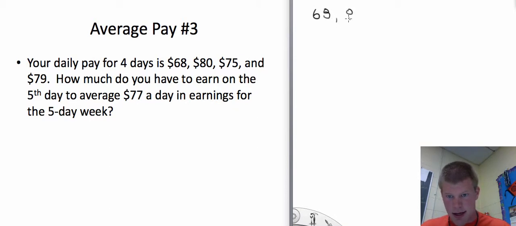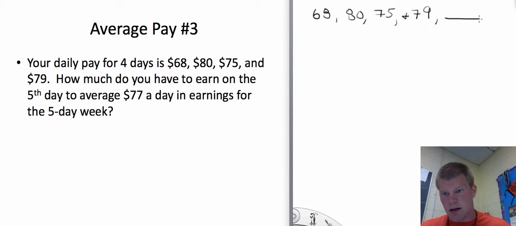68, 80, 75, and 79, and we are looking for this secret value here that gives us a total average of 77 bucks.